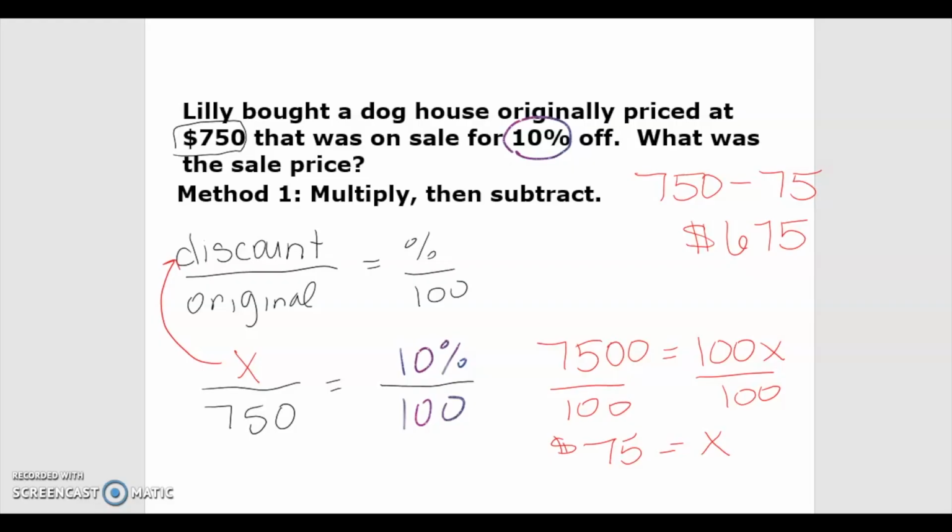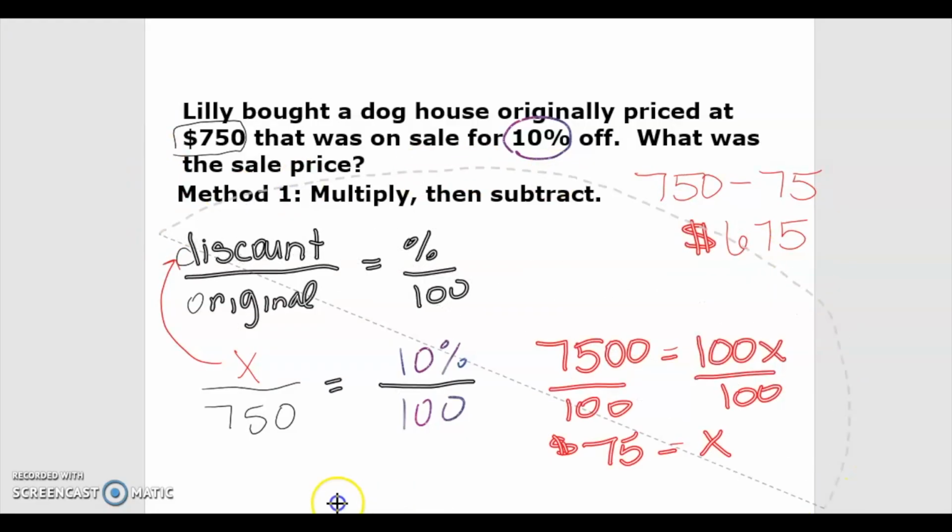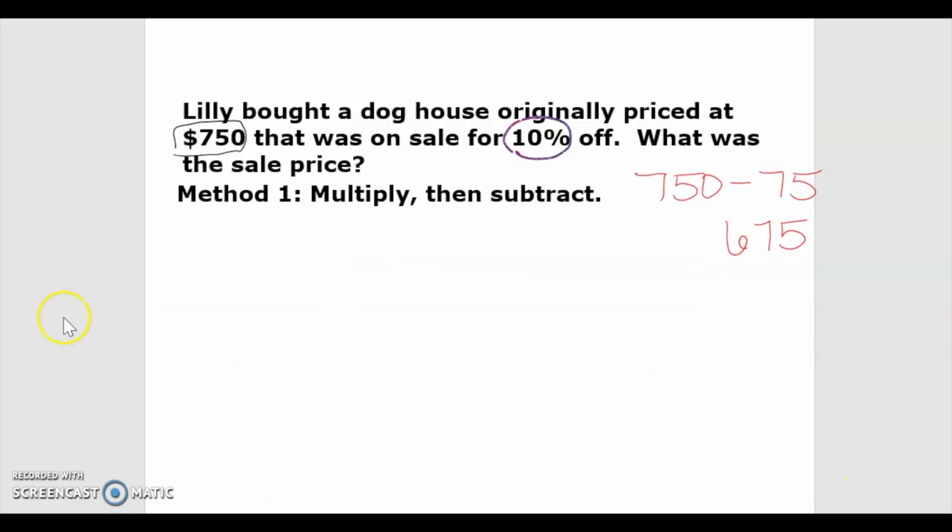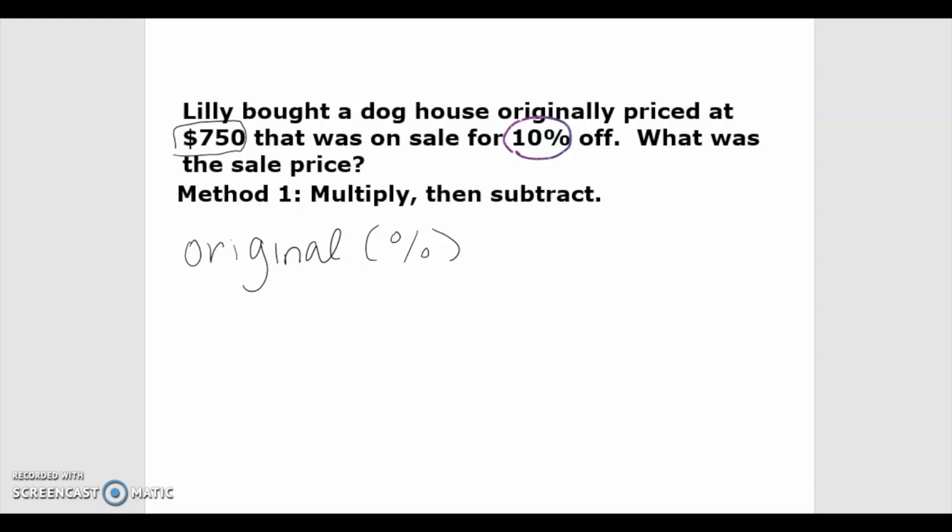And remember that we also learned that there is an equation method. We're going to end up with that same answer, but we're just going to go about it in a slightly different way. If you remember back to our last lesson, the original amount multiplied by the percent in decimal form gives us the amount of the change or the discount.